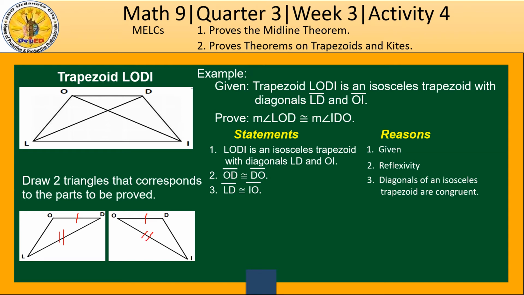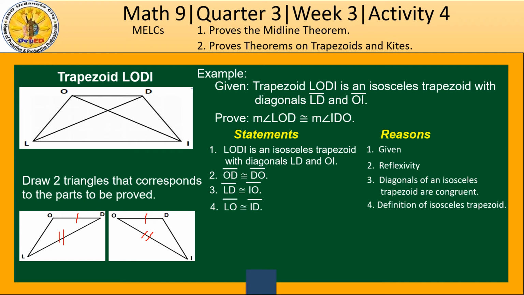One last. Here we have LO is congruent to ID. Where is LO? Here, a side of the triangle, and ID is also a side of the triangle. Again, going back to our original trapezoid, we notice that these two sides are the legs of a trapezoid. So from there, we will make our reason: definition of an isosceles trapezoid.